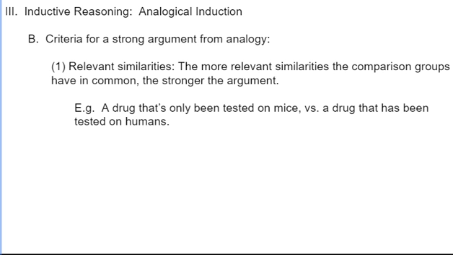Now, will it treat the disease in you? Very good chance that it will, right? It's been very successful on other human beings who are very much like you. Very high chance of success in that case.